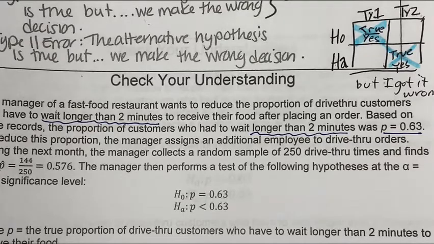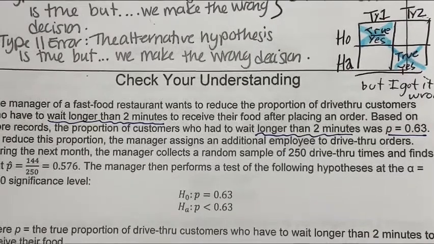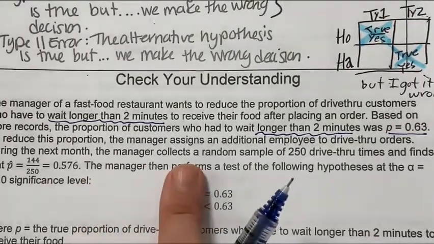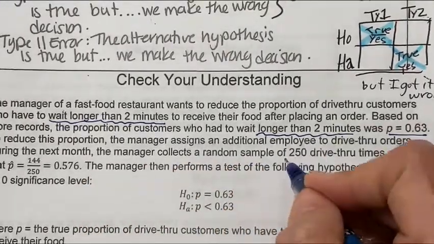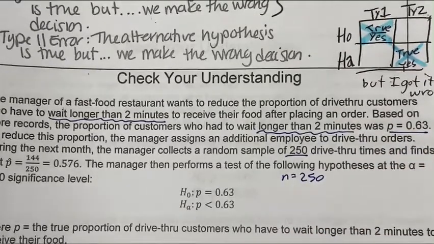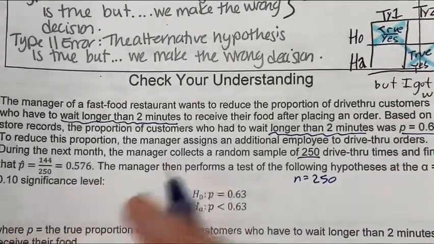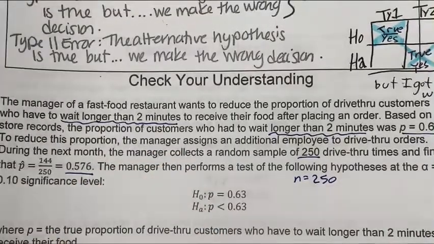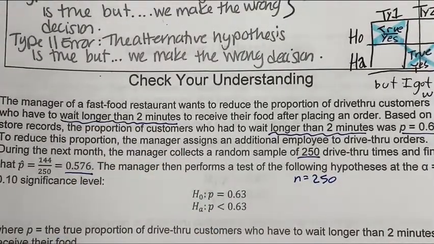So to reduce this proportion, the manager assigns an additional employee to the drive-through window. During the next month, the manager collects a random sample of 250 and finds that the sample proportion is this. So the manager then performs a test.